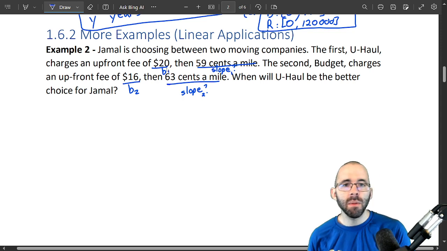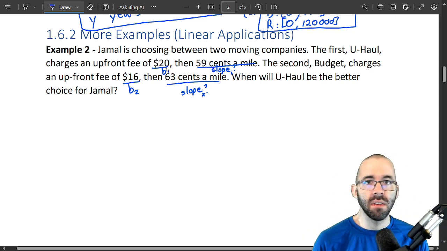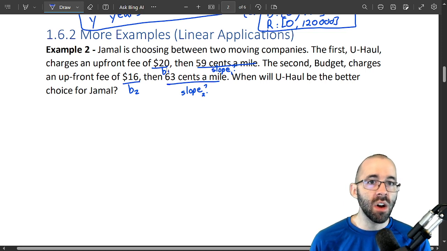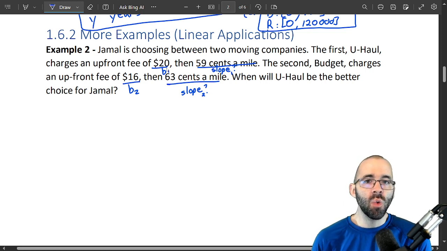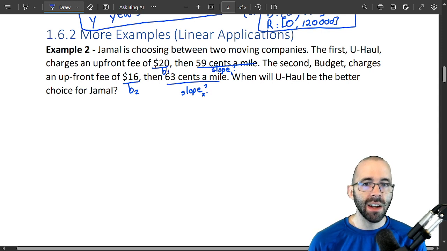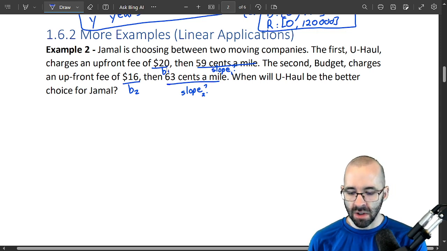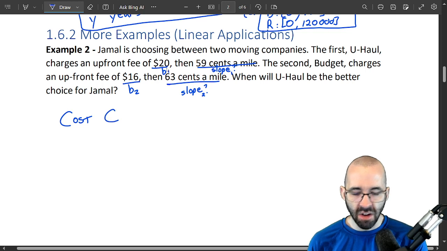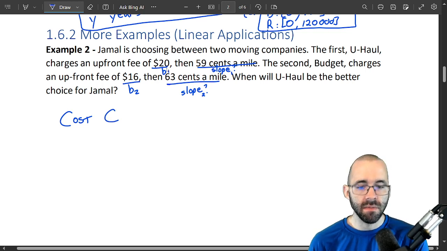Okay, so we've got a bunch of quantities. Our first step in the last one was giving variables for these quantities. Let's start with that. What quantities does Jamal care about? Well, he's probably going to care about how much money he's got to pay, right? So let's say that we care about the cost. Let's call that C for Jamal.